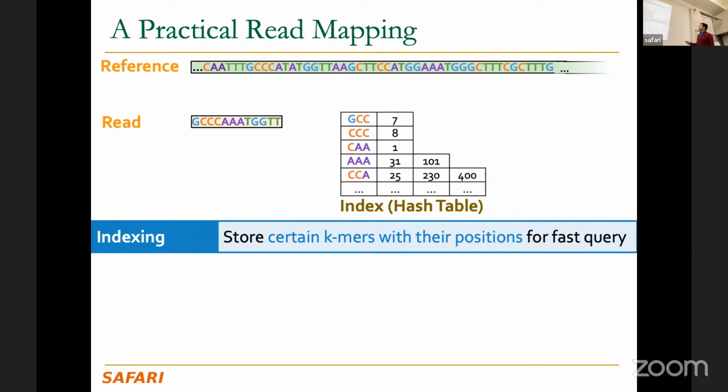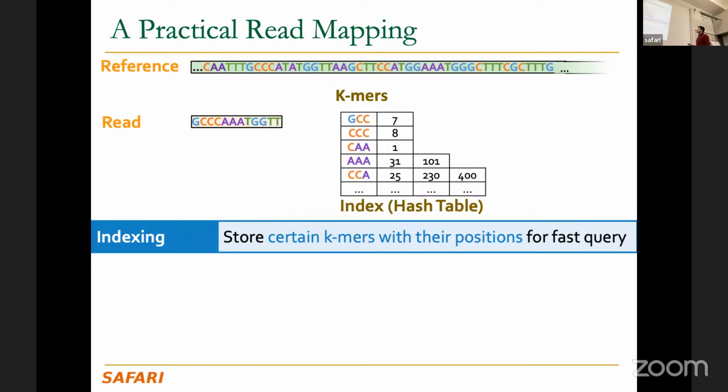The first step is done only once, usually once per reference genome, which is basically constructing a hash table for a reference genome that contains certain subsequences or fixed-length subsequences that we call k-mers, as well as their positions where these fixed-length subsequences appear in the reference genome.